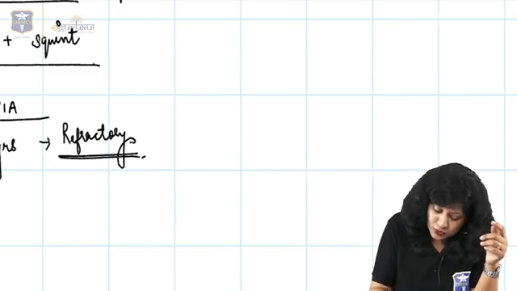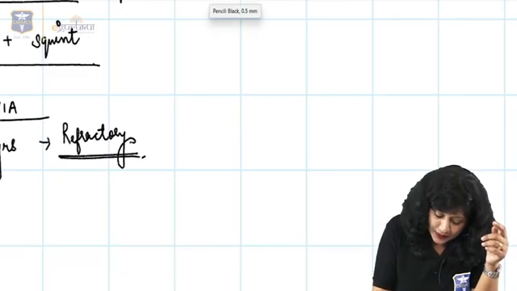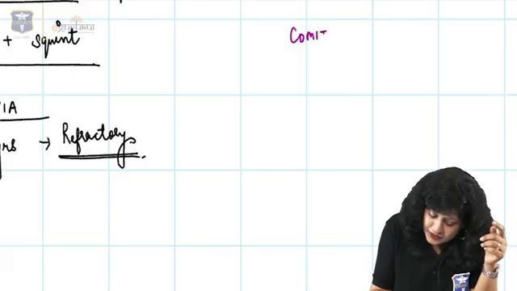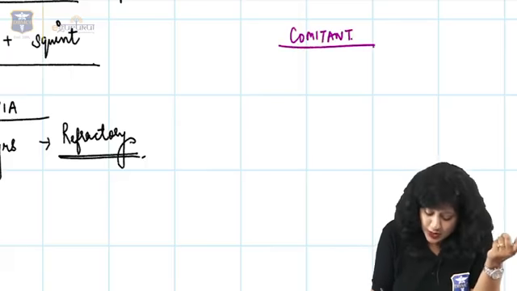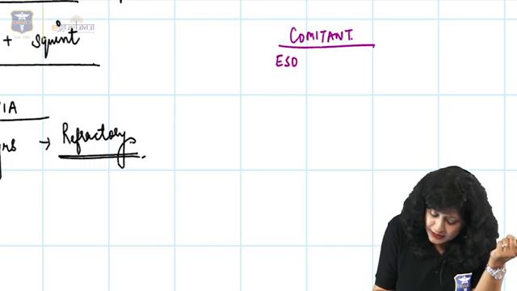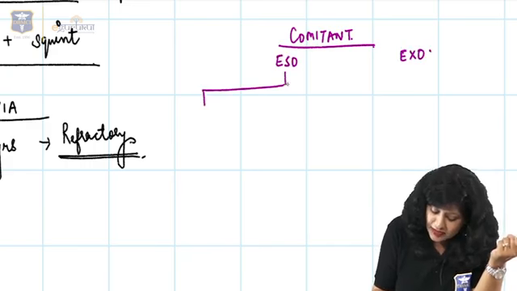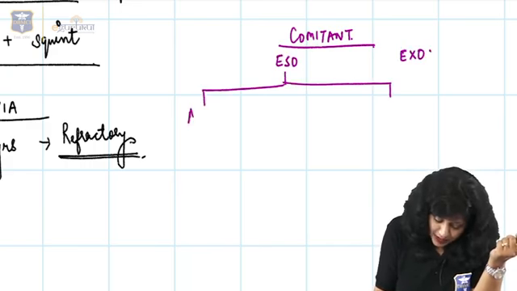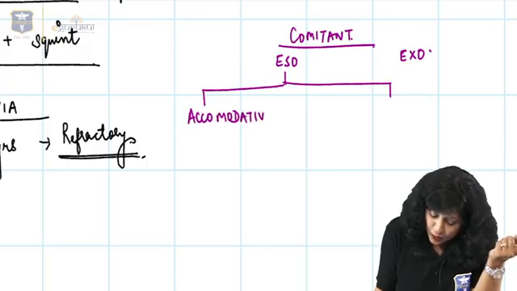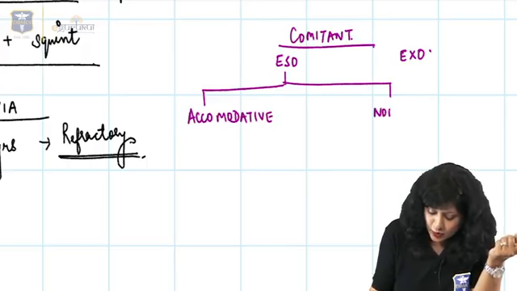When it comes to the comitant squint, what are the types of squint that I can have? It can be eso or it can be exo. Now in the eso, I can think about the accommodative squint, or it can be non-accommodative.